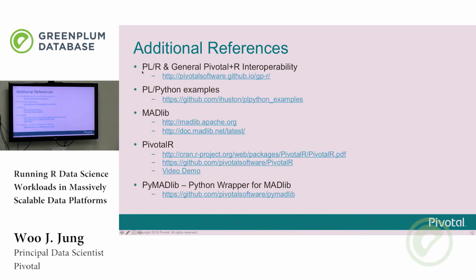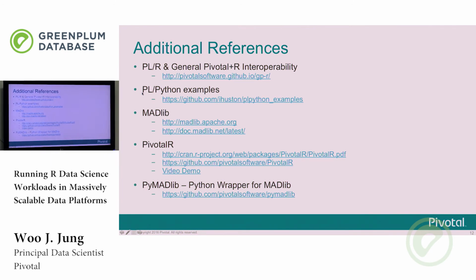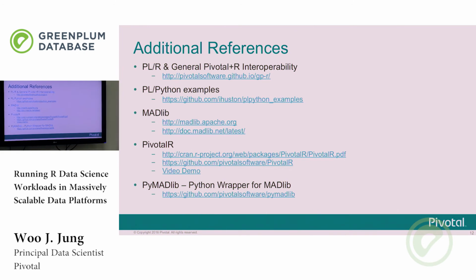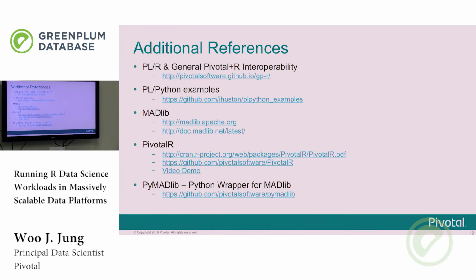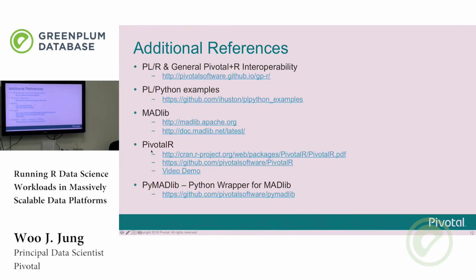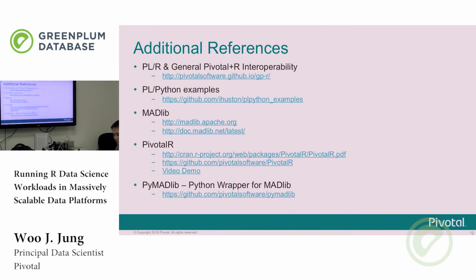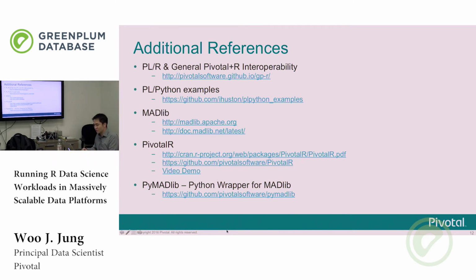We focused on procedural language R for today's meetup, but there are also examples in PL Python that you can take a look at on this GitHub page made by one of our colleagues, Ian Houston. There are other ways to make use of machine learning routines on Greenplum Database through MADlib and PivotalR and PyMADlib. And we provide links here for those of you who are interested and want to find out more.